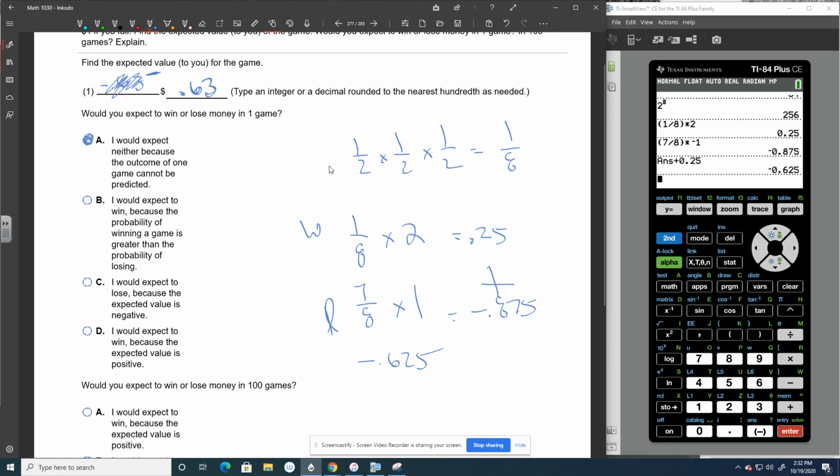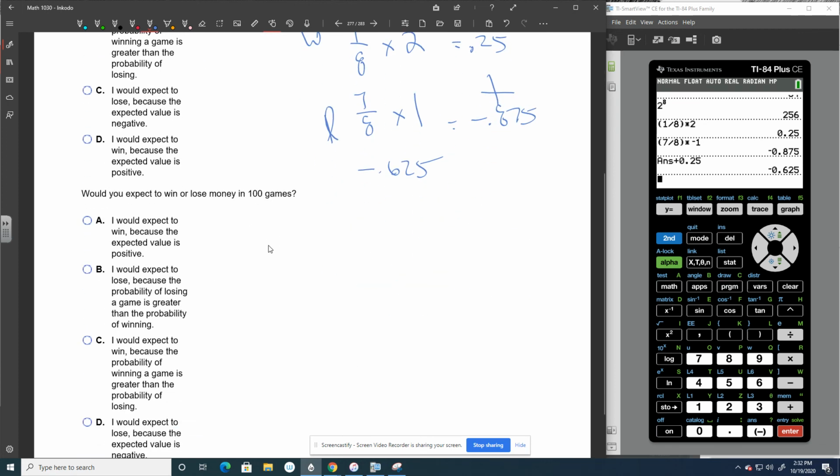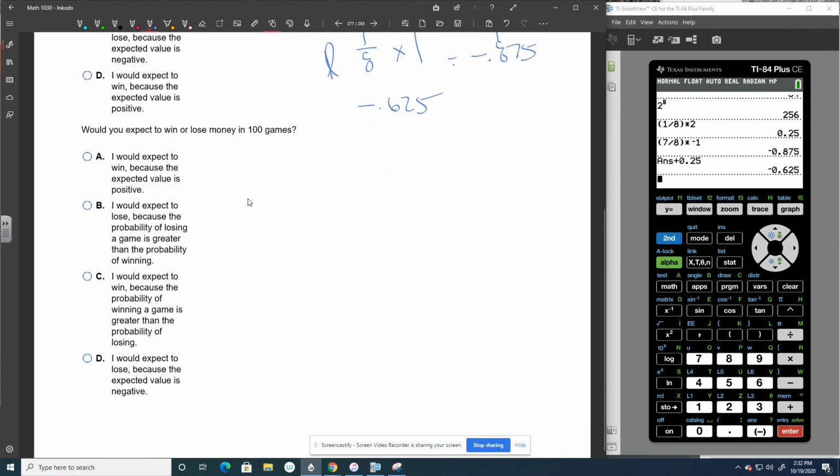Okay. So would you expect to lose or win money in 100 games? In 100 games, I would expect to lose because the expected value is negative. I don't expect to win because the expected value is not positive. It's not about the probability of winning or losing, and that's where we have to be careful.